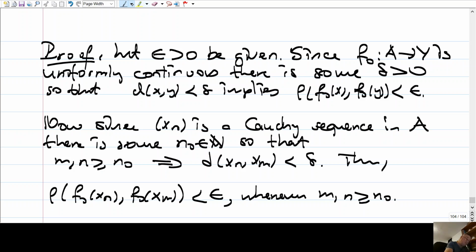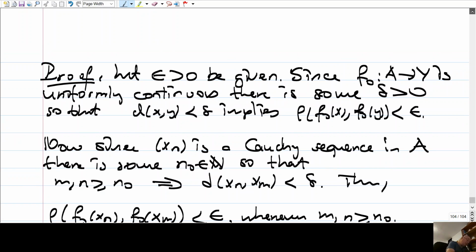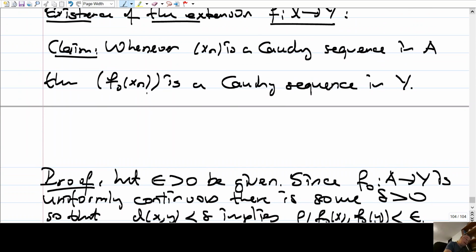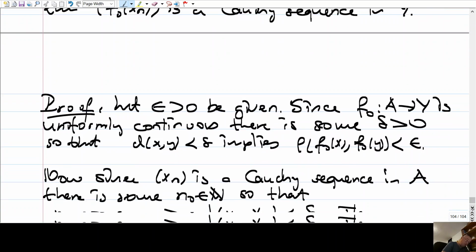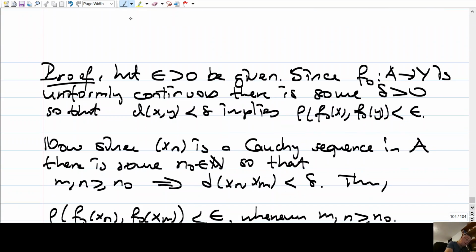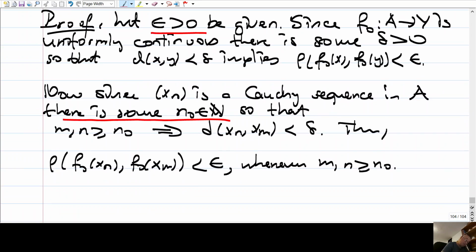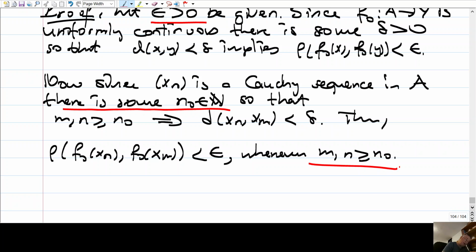So we have proved what? Remember, my aim is to show that f0 of xn is a Cauchy sequence. So I started with an epsilon, I found some n0 so that if m and n are larger than n0, then this distance is less than epsilon.